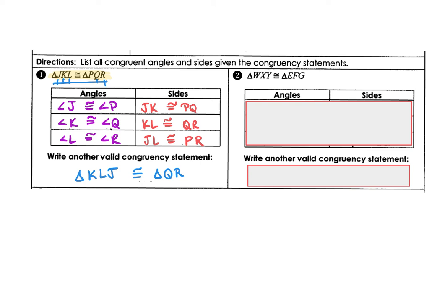J was last, so then P has to be last. So you can write them in whatever order you want as long as they line up. As long as they line up, it doesn't matter what the first order is. So this statement right here and this statement right here tell me the same exact thing. So go ahead and do number 2. Give me the angles, the sides, and write one more congruent statement.